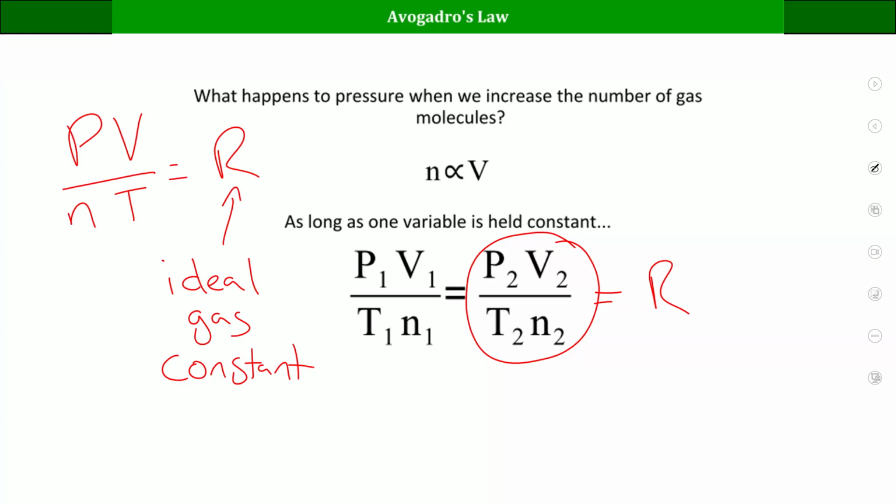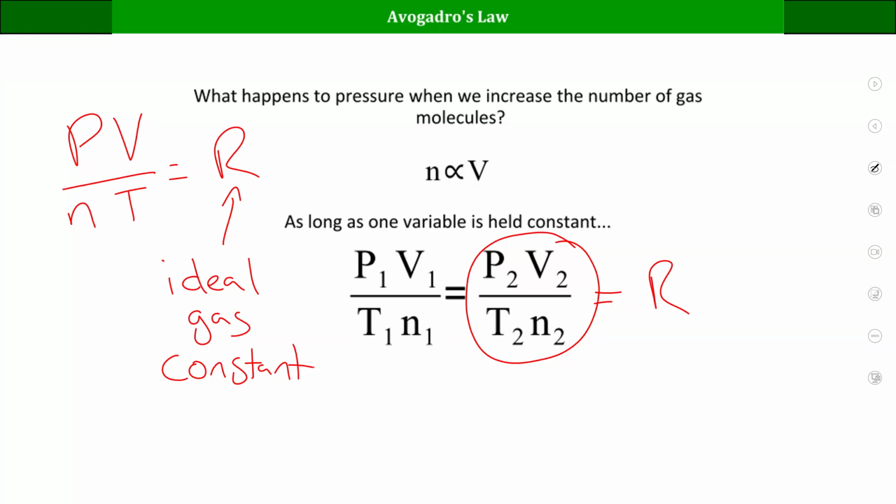So this is where gases, 9 times out of 10 for any of the science classes that you're going to take in the future, unless you're going into engineering or chemistry, this is the version you're actually going to use.